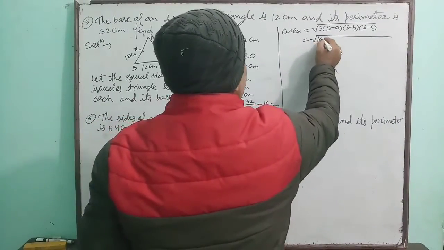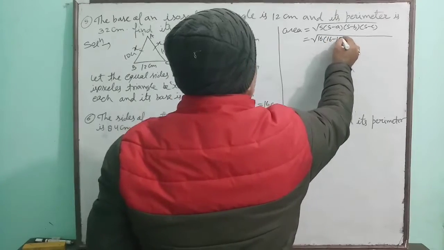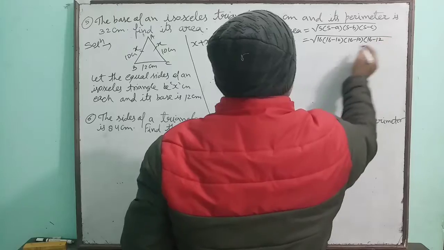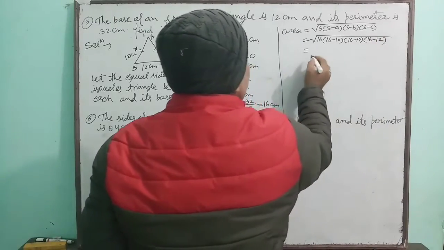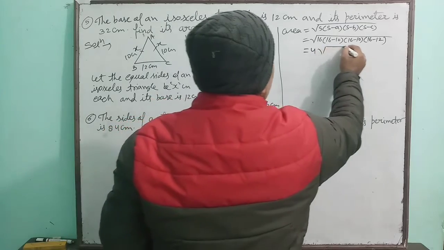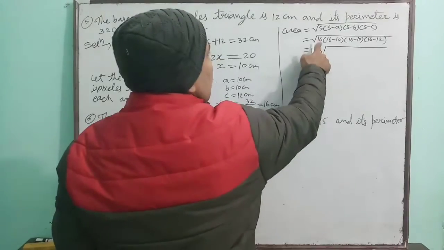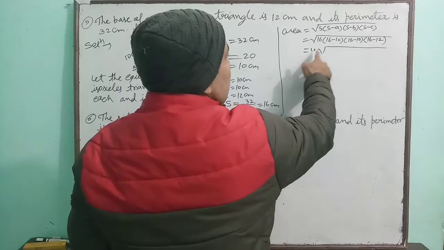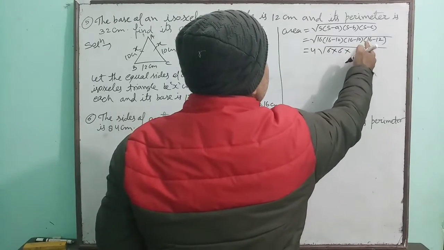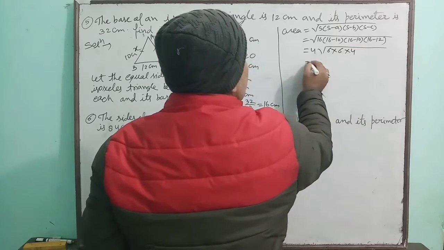S is 16. 16 minus 10, 16 minus 10 and 16 minus 12. Now the square root of 16 is 4, that we know. So 4 will come out from the square root. 16 minus 10 is 6, 16 minus 10 is 6, 16 minus 12 is 4.